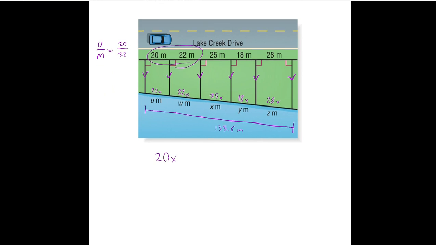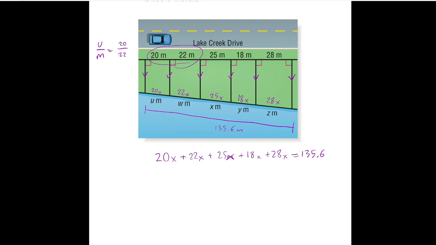So the question is, if we add these up, 20 plus 22 plus 25, well, not m, plus 18 plus 28x, that's equal to 135.6. So we just got to find what's that scale factor multiple.